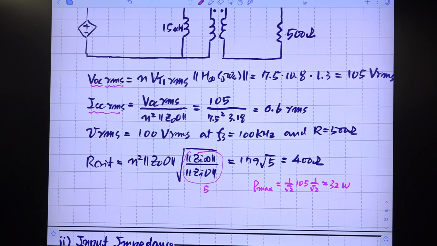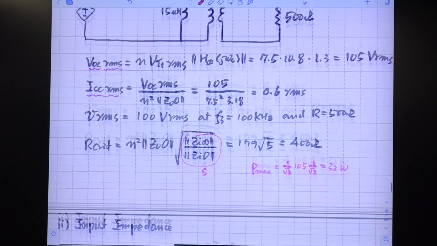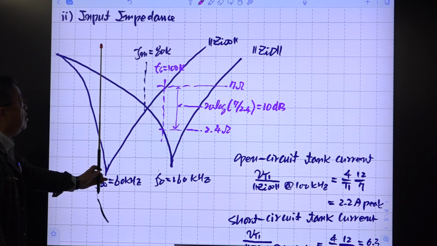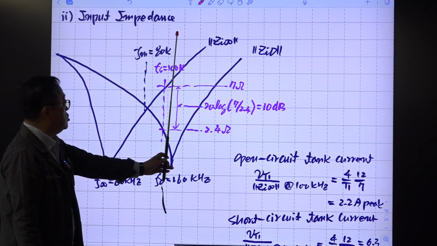All right, so this is a reasonable design, and the input impedance characteristics seen at the input port of the tank circuit, you know this. This is one curve, GI infinity, and another curve, GI 0.